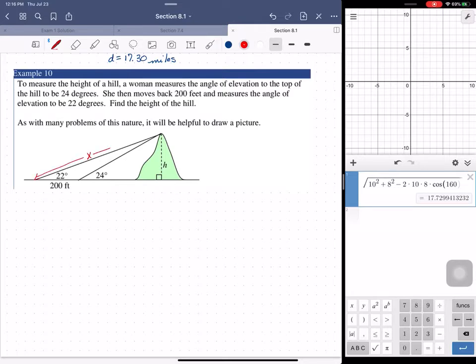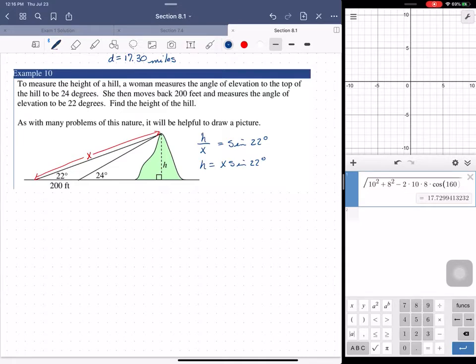If we could get that invisible distance, because then we know that h over x is the sine of 22 degrees, or we could know that h is equal to x times the sine of 22 degrees. So let's talk about how we could get that. Well, we can't use the law of cosines because I don't have enough distances.